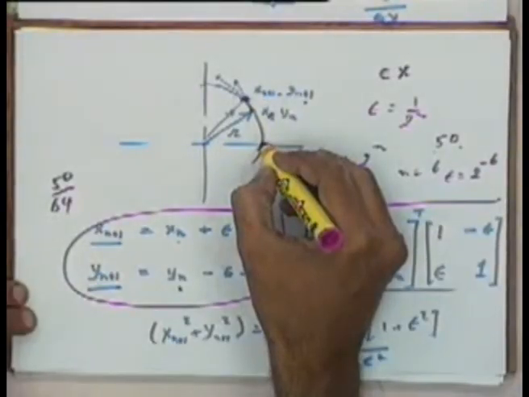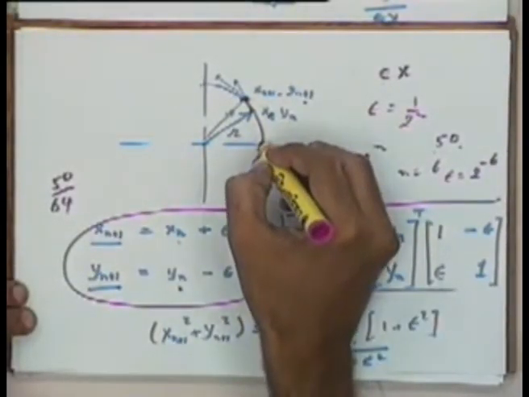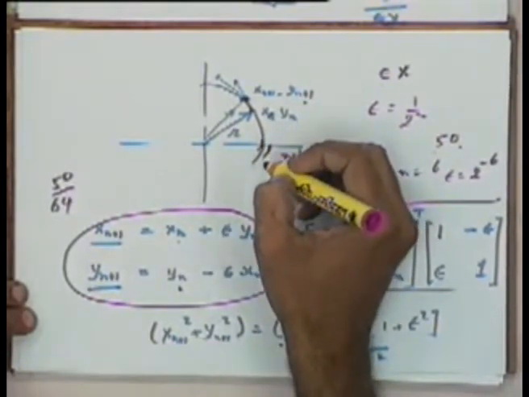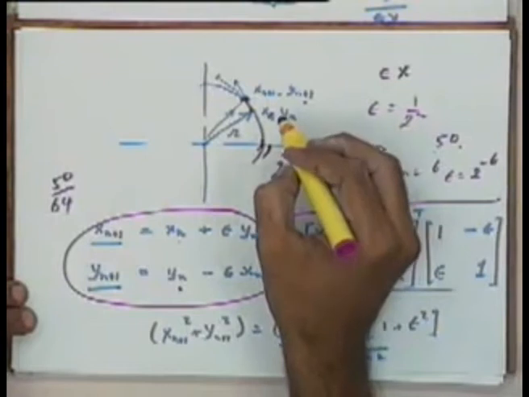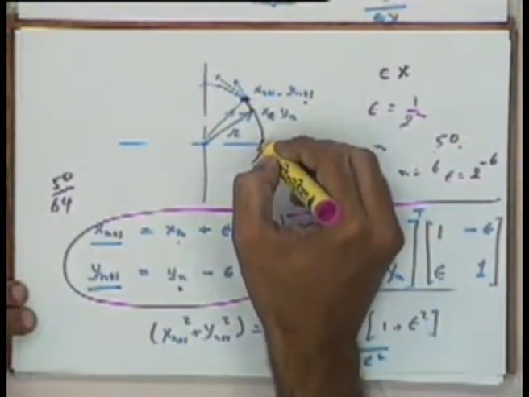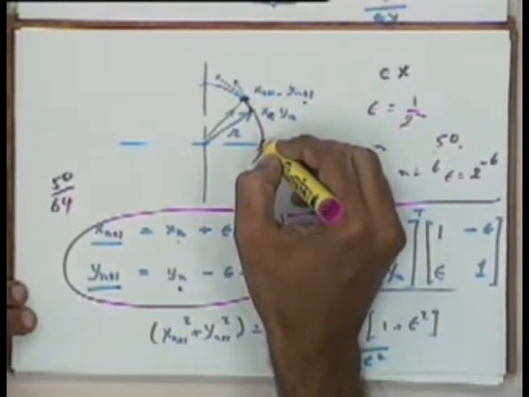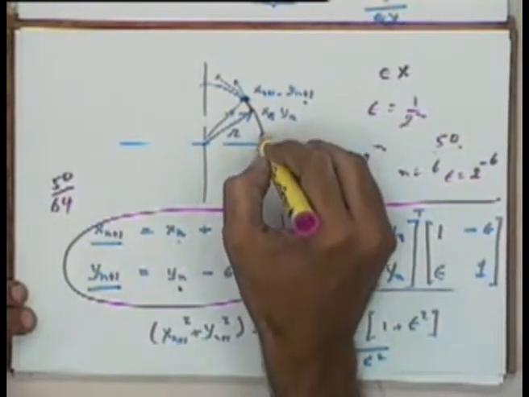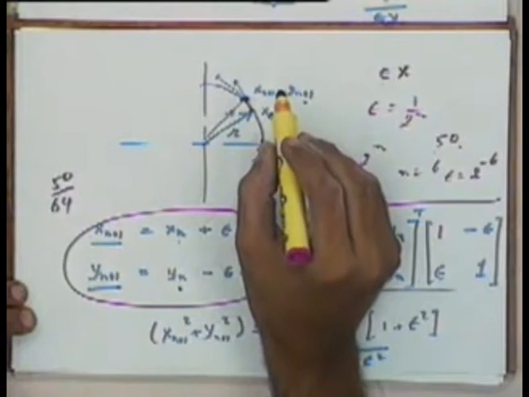Why can't we put epsilon straight away as 50? Because then at this point, in the y direction, my increment will become 1 pixel, and in the x direction, of course, at this point the increment would be 0. So the increment in the y direction will be 1 complete pixel. We might not want that.